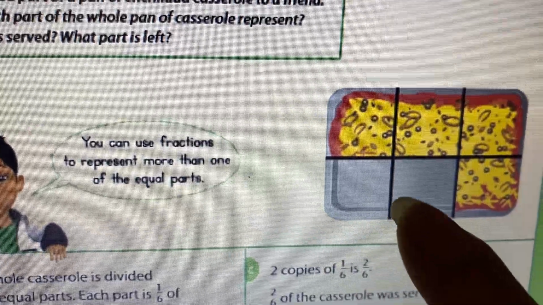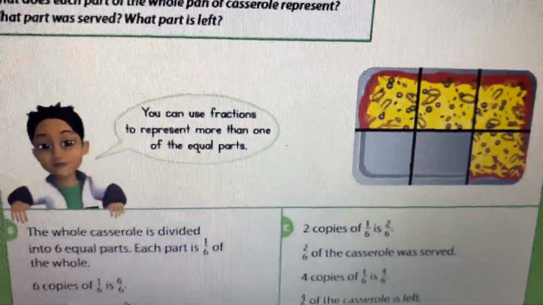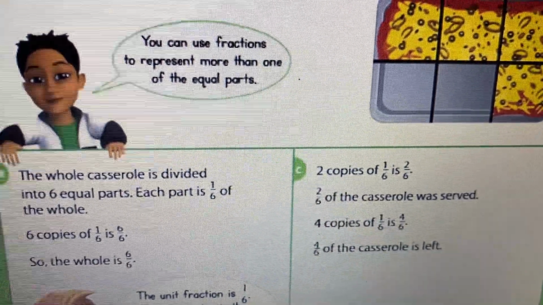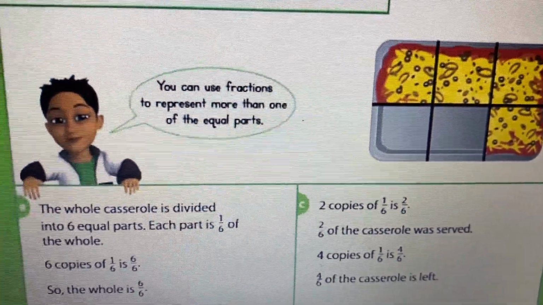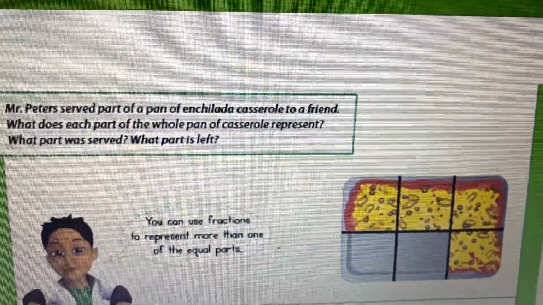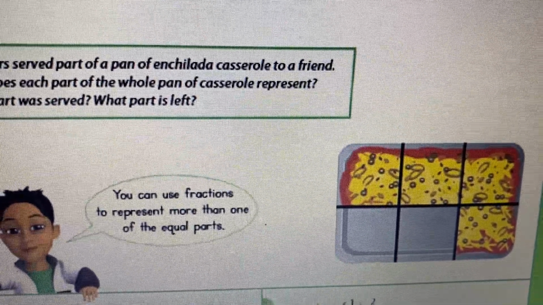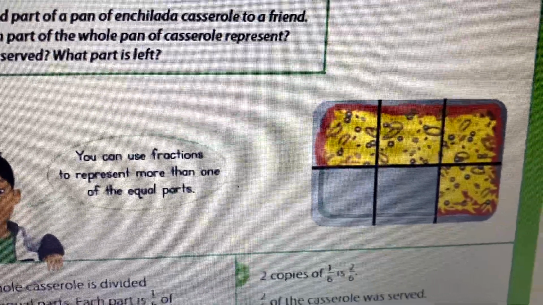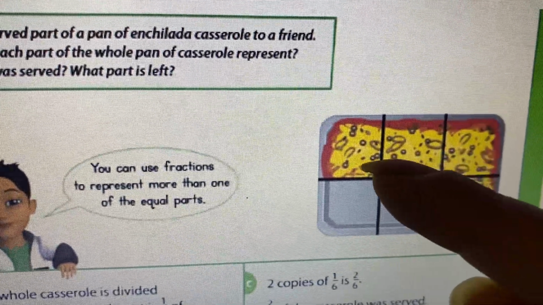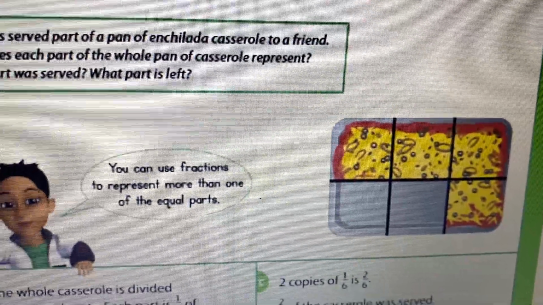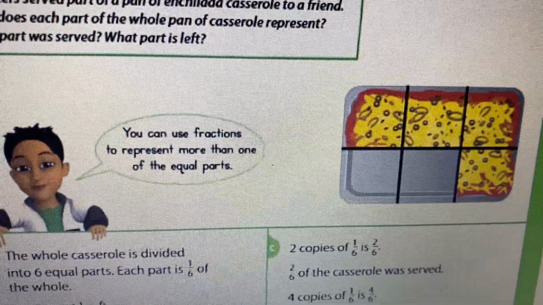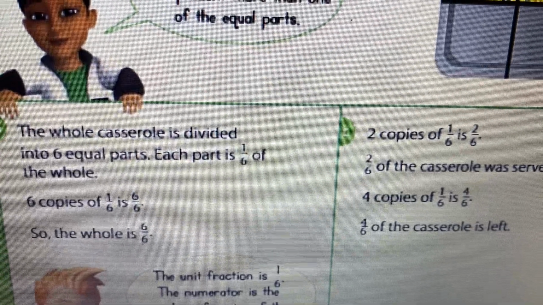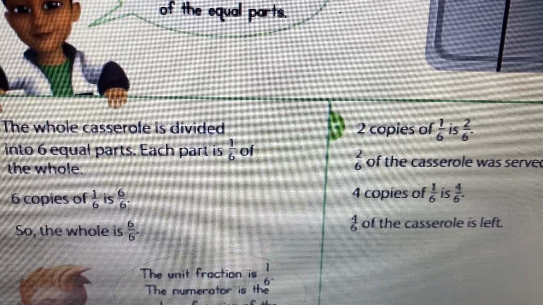So 1/6, 1/6 equals 2/6. Now, the total number of them is 6. I took away or served 2. How many do I have left? Count. 1, 2, 3, 4. I have 4 copies of 1/6. So 4 over 6 of the casserole is left.